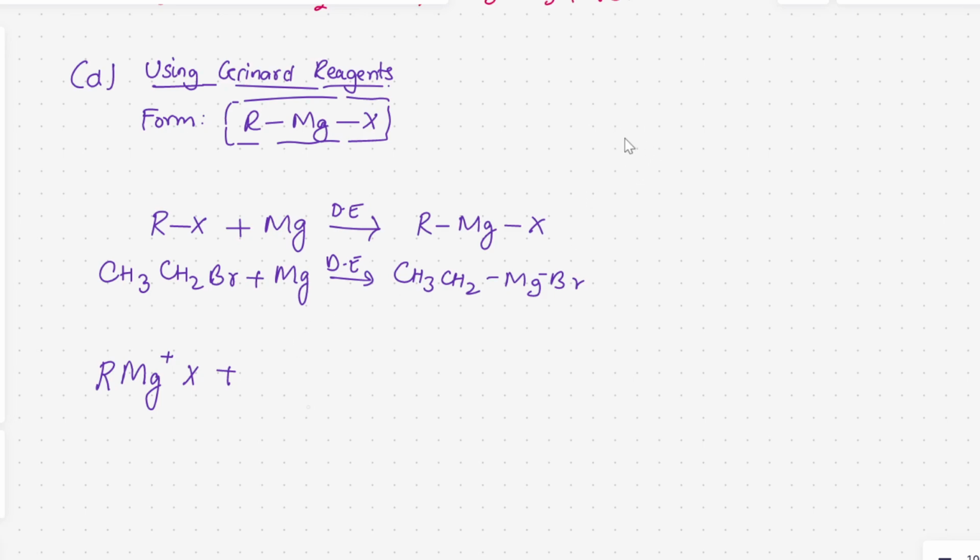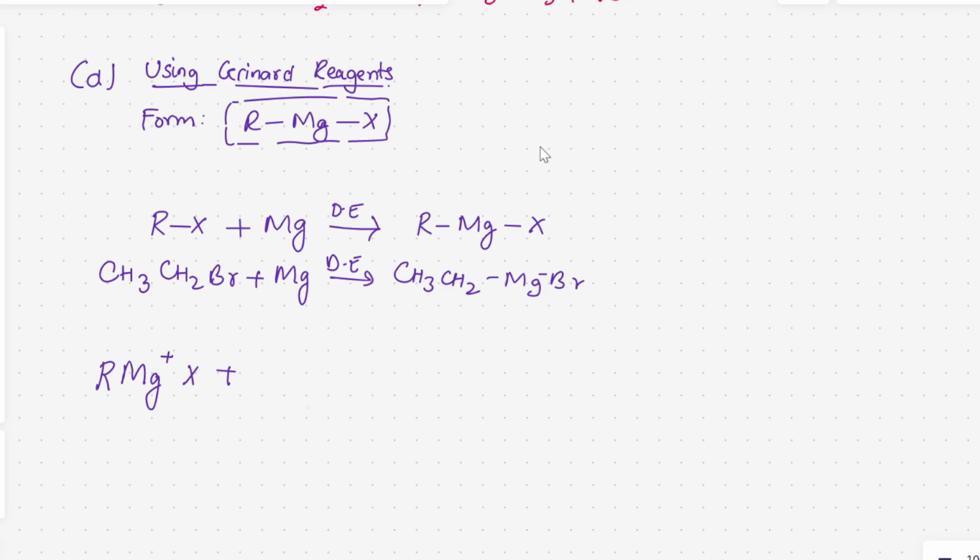As in the periodic table you would notice, magnesium is quite far away from carbon towards the left. So magnesium is more electropositive, carbon is more electronegative.